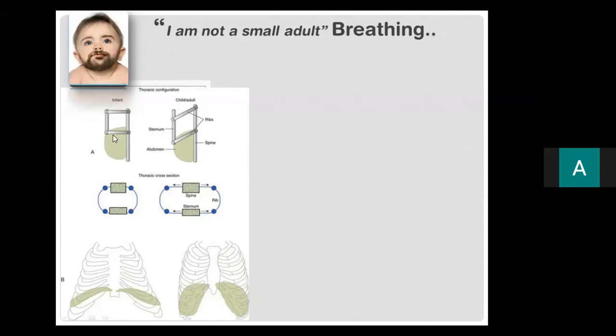The significance is that the infant ends up being an abdominal breather. If anything impacts movement of the diaphragm or abdomen, you're going to impede respiration in this population. That's why they use their abdomen to breathe, and they compensate for their oxygen use by increasing their respiratory rate.